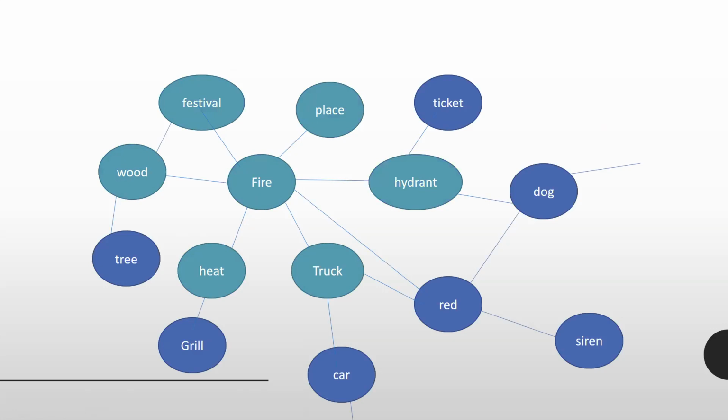And so what happens when I activate fire in your working memory is that activation spreads to the other related information in your long-term memory, and thus brings that information into your working memory and has it available for processing and thinking. So when I say fire, it reminds you of wood.